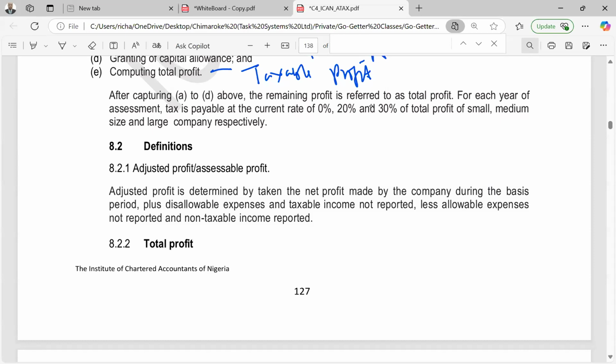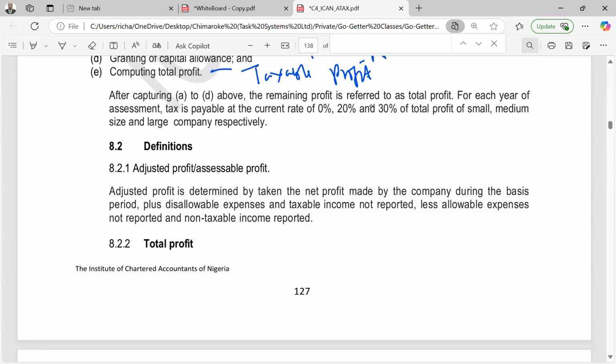And most times, the company does not employ financial accountants and tax accountants to be running side by side. What they do here is after the accounting period has ended, that is when the tax accountant starts his work.